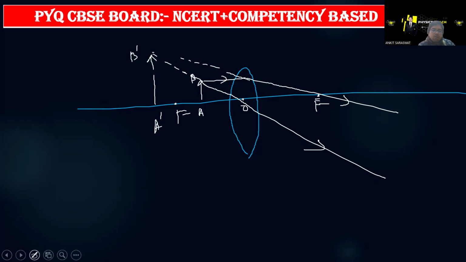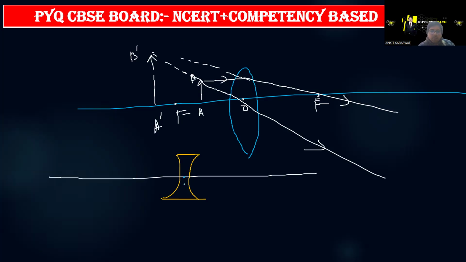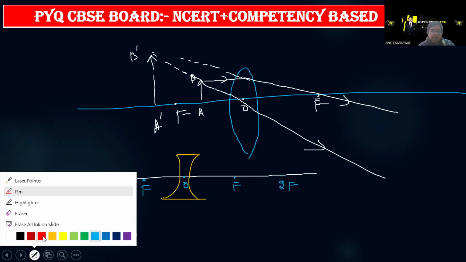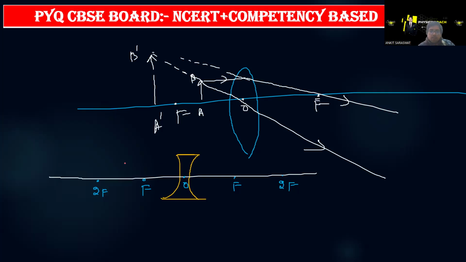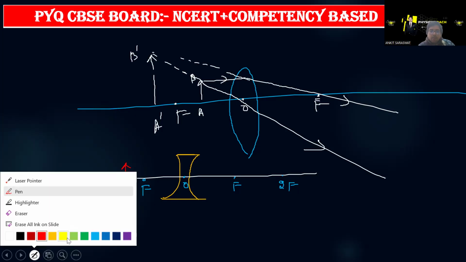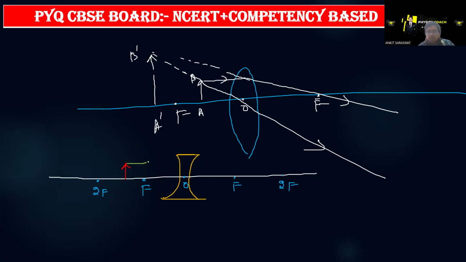If you ask me, sir, how to draw case of concave lens, yes, easy. Always draw a ray diagram with pencil. Optical center, focus, F to F, F to F. Anywhere if you kept any object, if you kept object here, its image always formed in between optical center and focus.